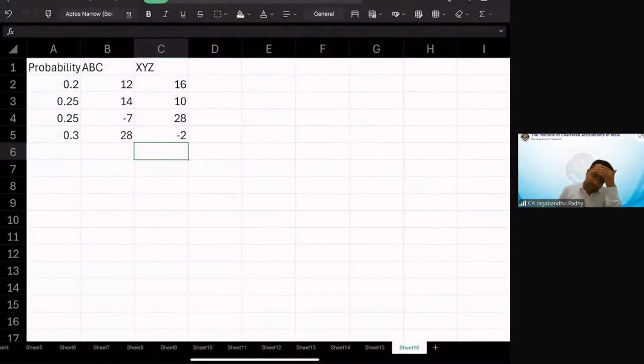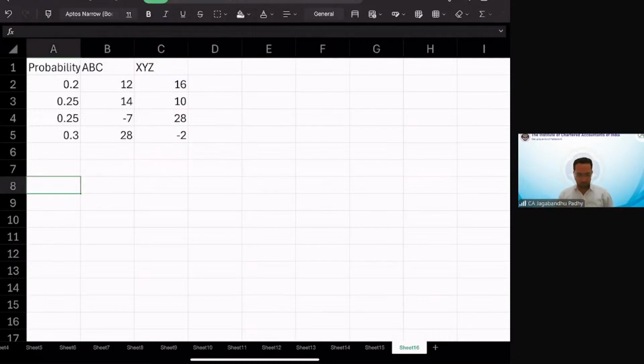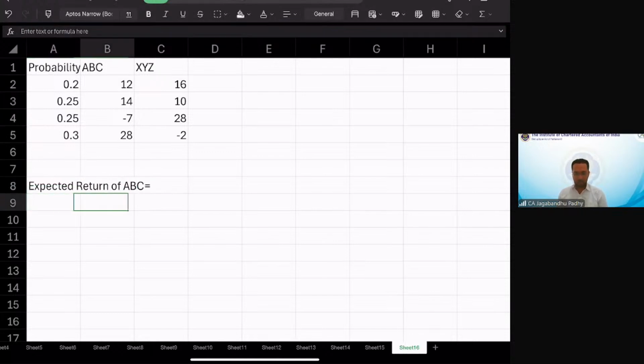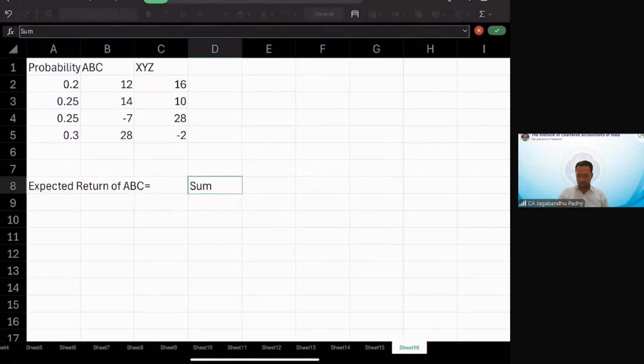Now to compute the risk and return, we have to use the same standard deviation formula and the weighted average numbers. So if you want the expected return of ABC, that will be simply the summation of probability multiplied by the ABC numbers.